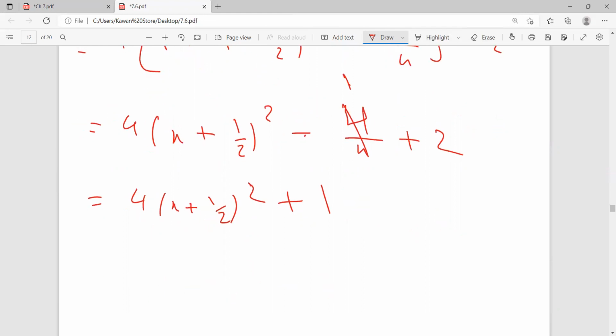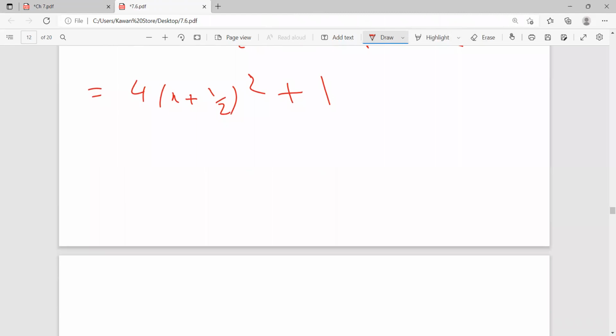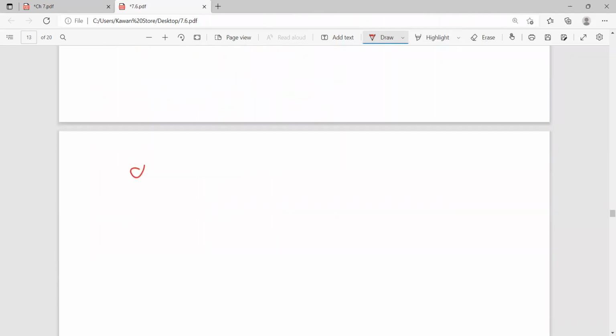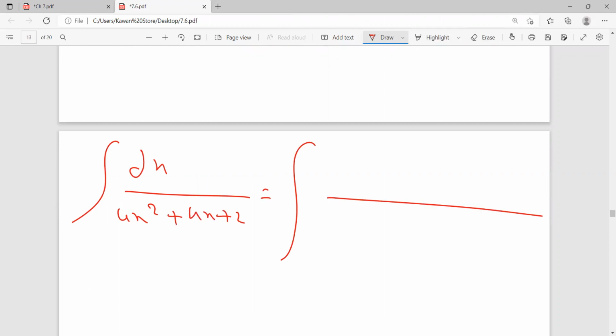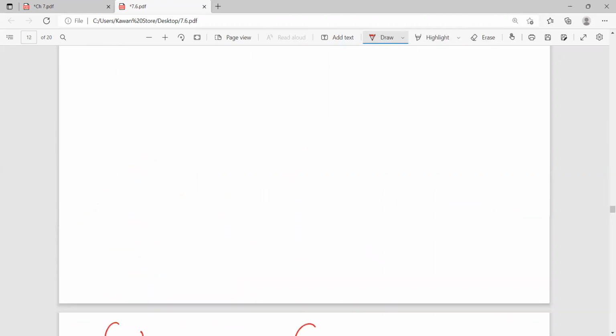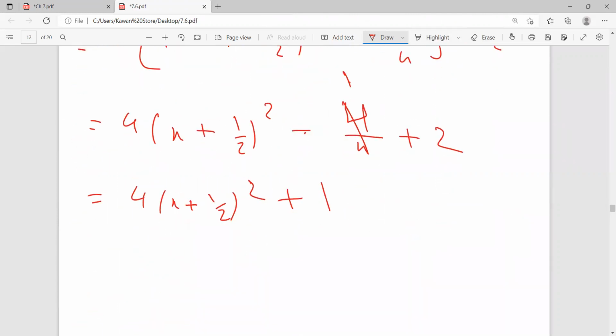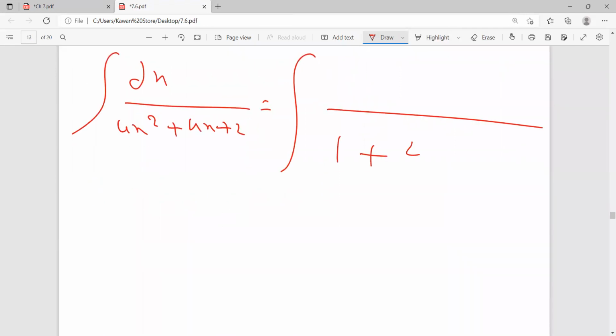Okay. So we change this integral, 4x squared 4x plus 2, to that formula, 4 times x plus 1 over 2 squared. Understood?